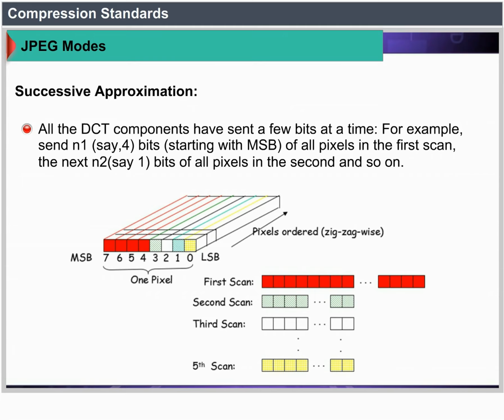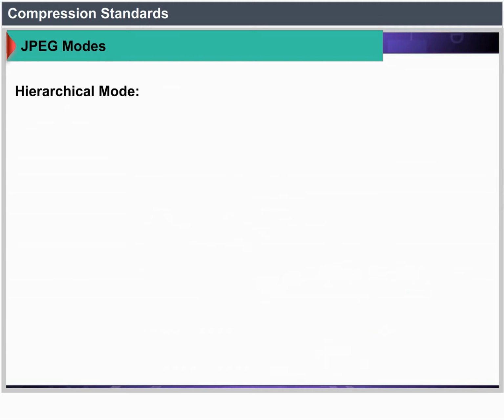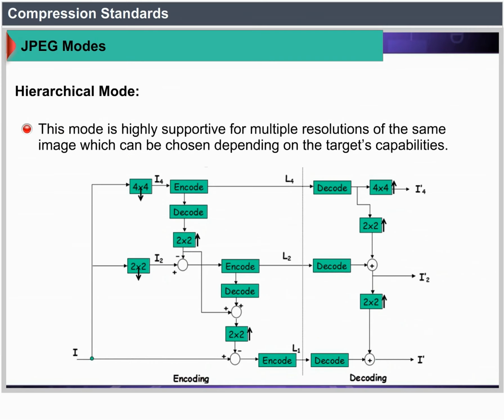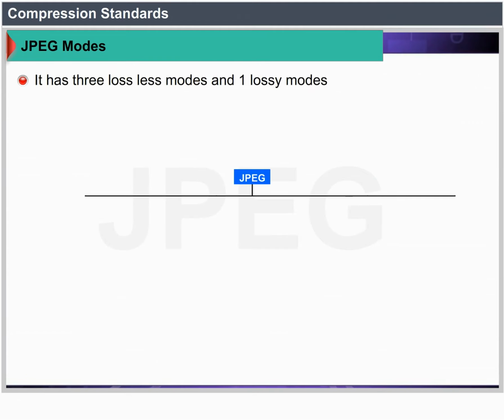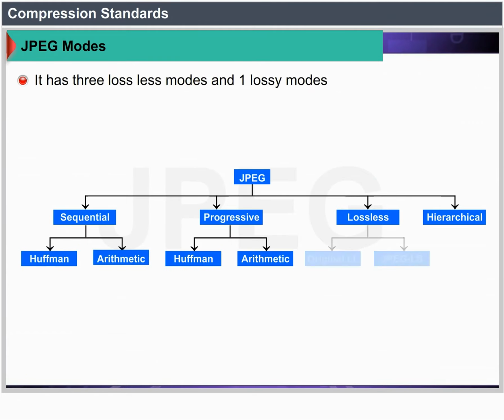Hierarchical mode. Used primarily to support multiple resolutions of the same image, which can be chosen depending on the target's capabilities. The figure here shows a description of how a 3-level hierarchical encoder/decoder works. It has 3 lossless modes and 1 lossy mode. Sequential baseline encoding.